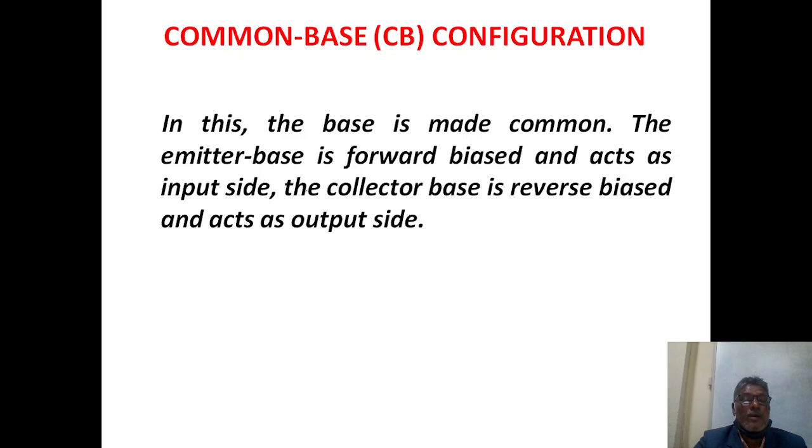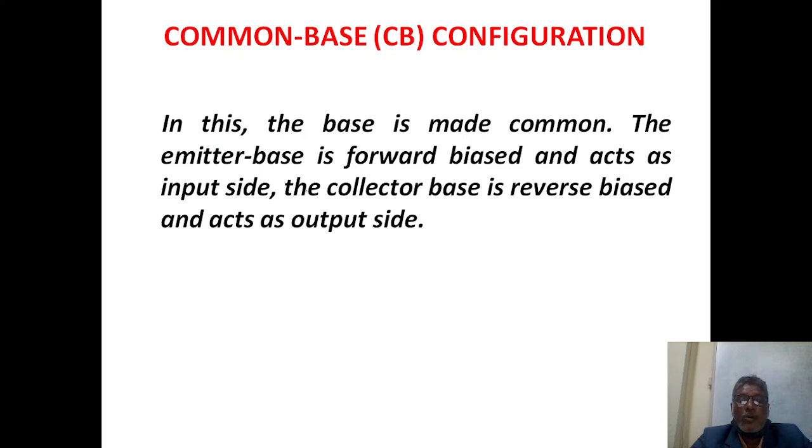I have already stated that a transistor commonly has three terminals, but to feed the input supply, two terminals are required, and to obtain the output, two terminals are required. So how is it possible? One terminal will remain common.